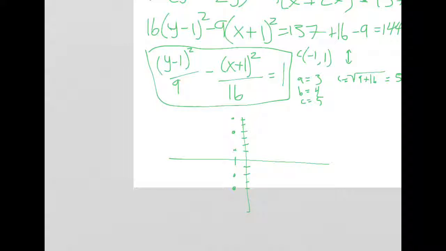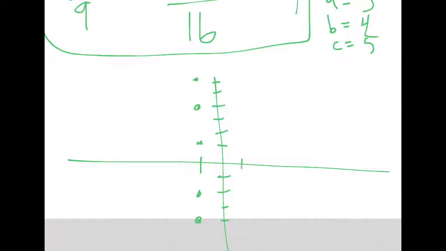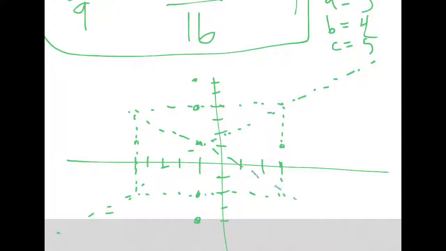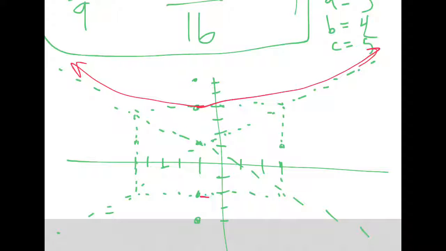And then my B value was 4. So I'm going to go 1, 2, 3, 4. Plop that there. 1, 2, 3, 4 there, which again, the whole point of that is it's allowing me to draw in that box, which will allow me to a little more easily and accurately sketch the graph, because now I can dash in those asymptotes, both of them, and finally, at this point, it's super quick to sketch in that hyperbola.